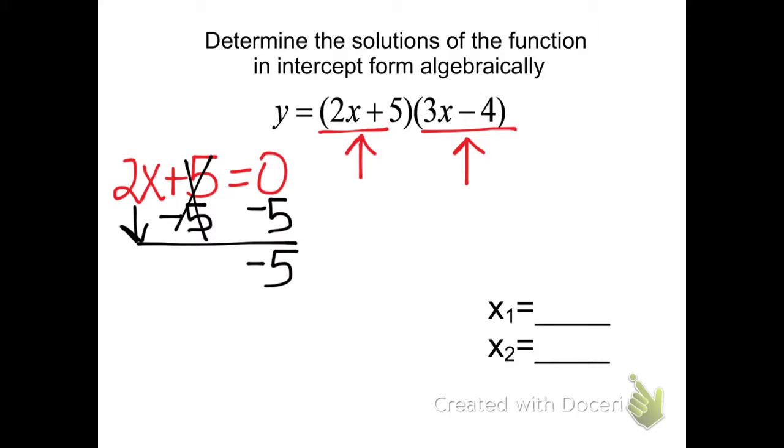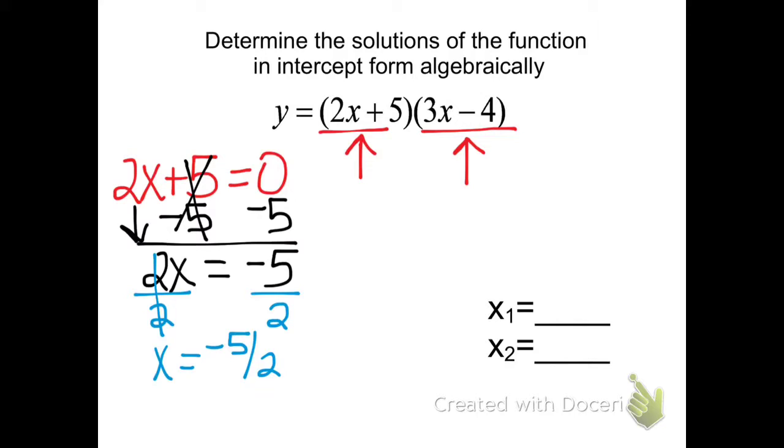Make sure you bring down your 2x. So now it reads 2x equals -5. So if I want to solve it now, I'm going to divide both sides by 2. So the 2's cancel on the left, and x equals -5 over 2. So that would be my first solution, -5 over 2.